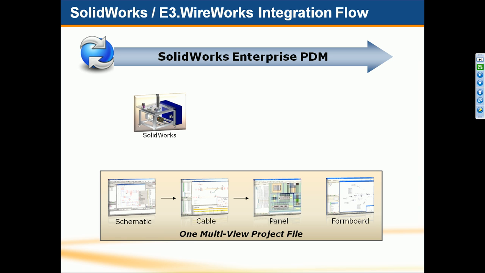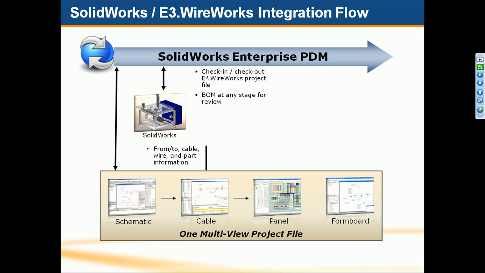So here's a view of how these things start to work together. There's three bands on this slide. On the top we have SolidWorks Enterprise, in the middle we have SolidWorks Mechanical Design, and in the lower band we have E3.WireWorks. We have your schematics, your cables, your panel views, etc. And I just want to take a minute and describe how these things start to work together. So E3.WireWorks and SolidWorks work in conjunction with Enterprise PDM, which allows you to start to pull together your bills of materials and keep your electrical and mechanical designs well managed and in sync.